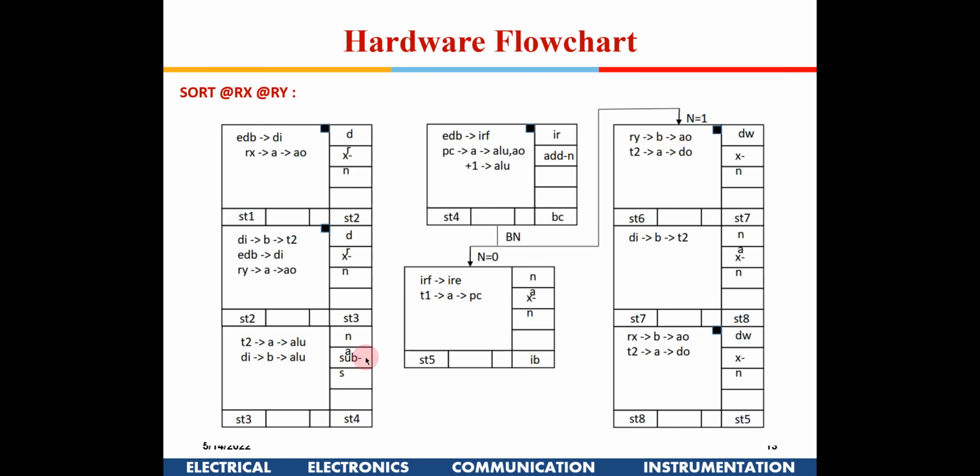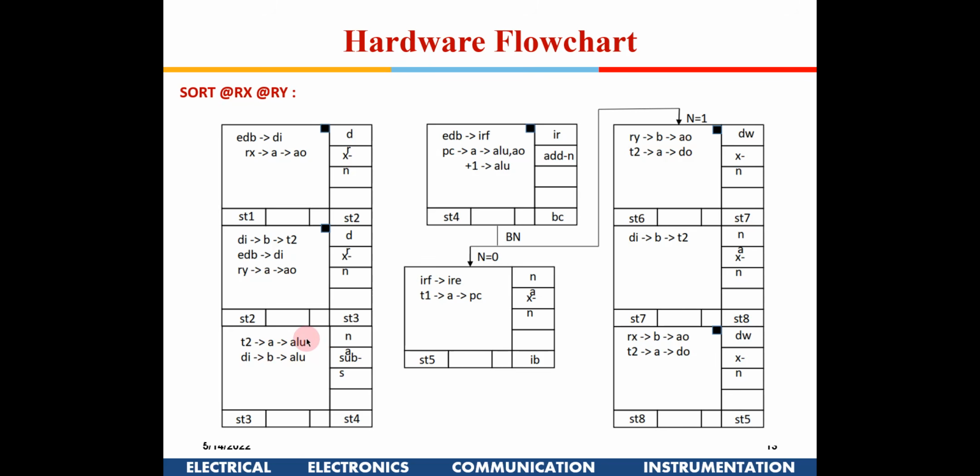What does this S mean? I am putting S out here, that means the flag needs to be set, because I am subtracting these two data. The earlier data which I got, I have placed in T2. The next data from memory is available in DI. I am doing a subtract operation, so I am actually doing Ry minus Rx out here. I told you it will always do B minus A.